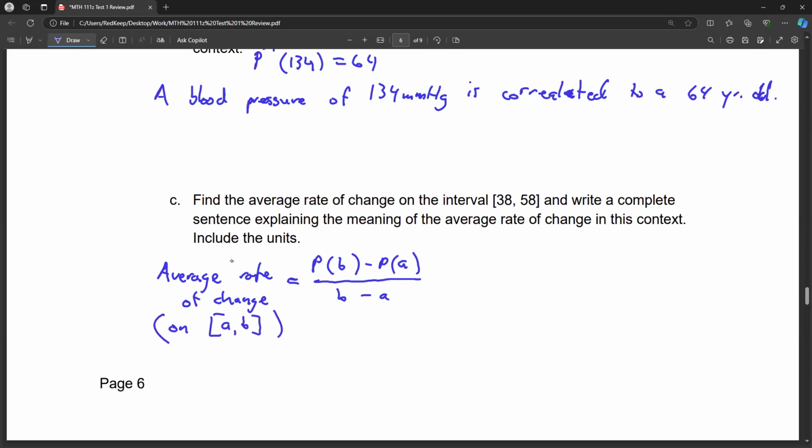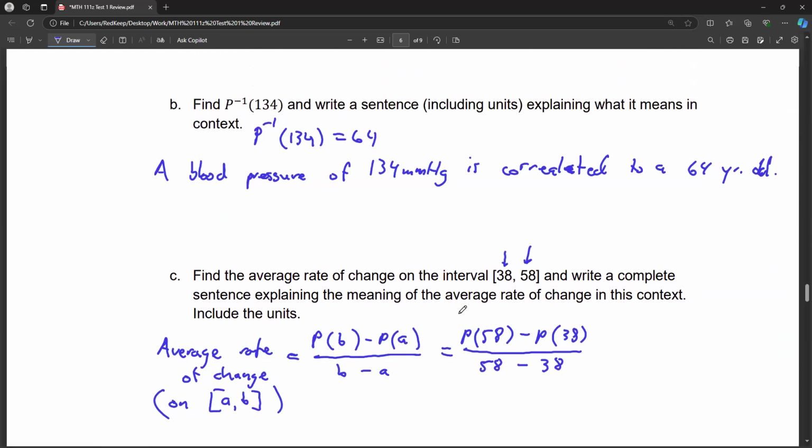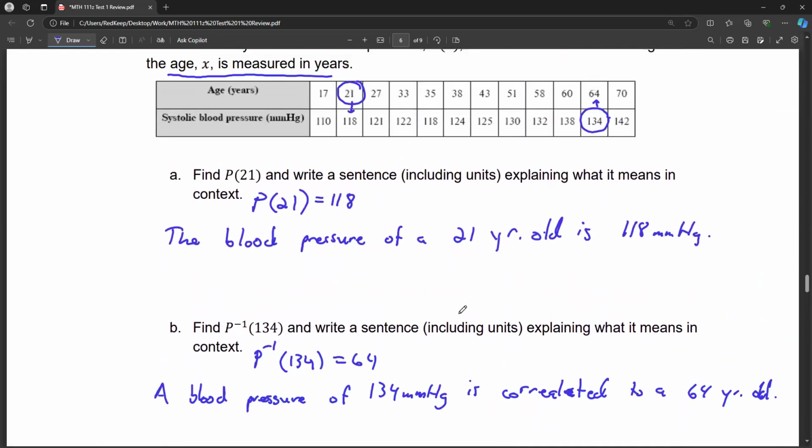And so here our B value is equal 58, right? So we're going to do P of 58, that's our B, minus P of our A value, which is 38, right? I'm getting that information from this guy up here. And go ahead and fill these in down below as well on the bottom of this fraction. Okay, so I need to go back up to the table to see what the blood pressure is of a 58-year-old.